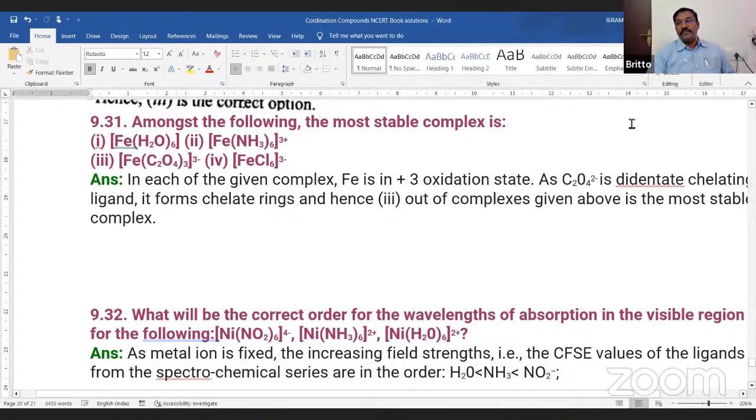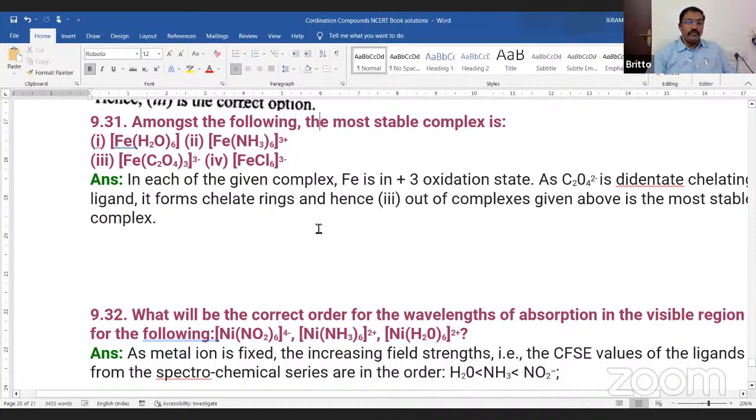This is what I said. Look at this question: amongst the following, the most stable complex is hexaaquo iron, hexaammine iron(III), trioxalato ferrate(III), and hexachloroferrate.